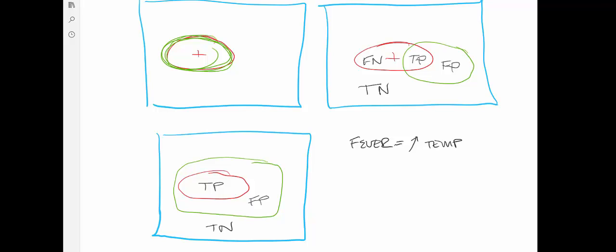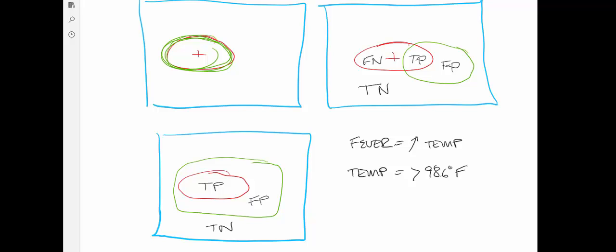So let's say we had a test that looked at temperature, and we said if your temperature is greater than 98.6 degrees Fahrenheit, then you have a fever. What's interesting about this is if you actually have a fever, your temperature will be over 98.6.